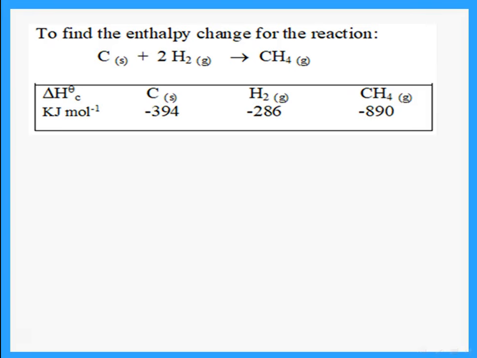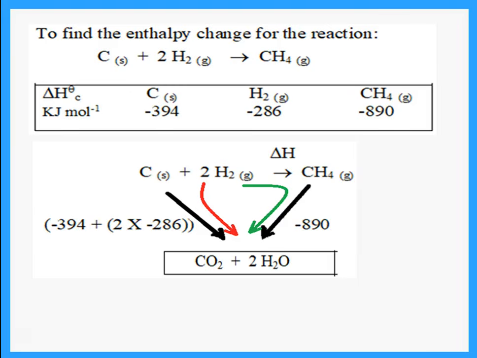Now he wants the overall delta H, and that means that I have two pathways. Either I'm going carbon plus 2 hydrogen to give methane, or I'm going from carbon and hydrogen and I'm burning each of these. So if I burn carbon, it gives carbon dioxide.